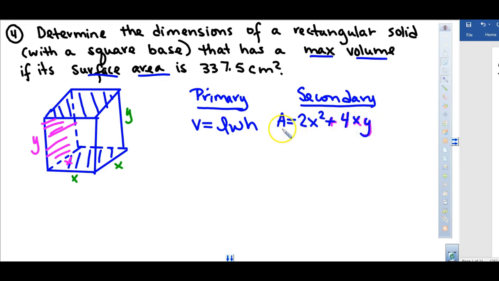Okay. Now I know that my surface area is 337.5, and I'm going to solve that for y because it'd be easier to get y by itself. You can solve for x or y. Y is just easier.